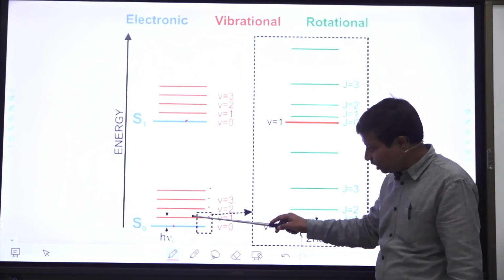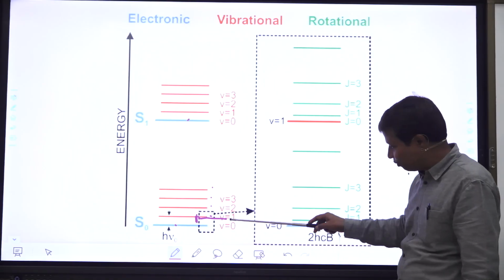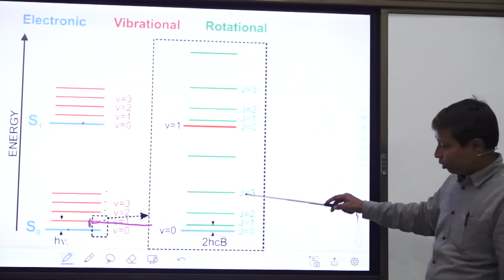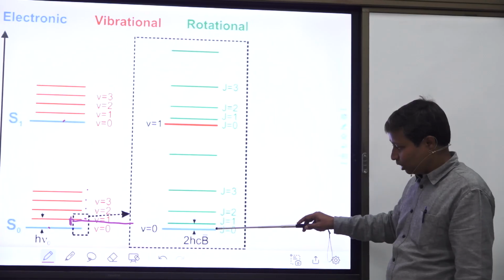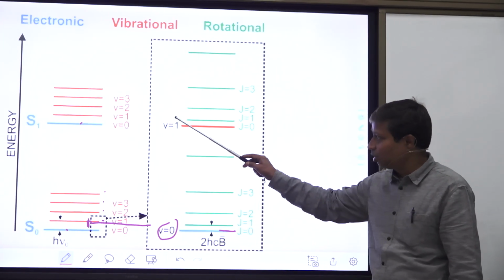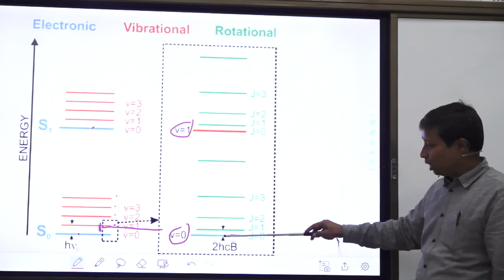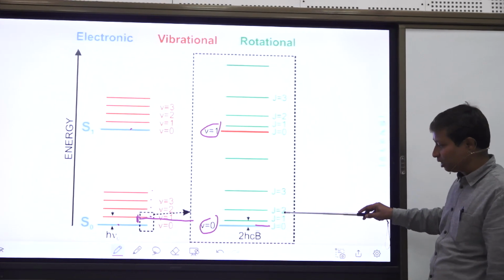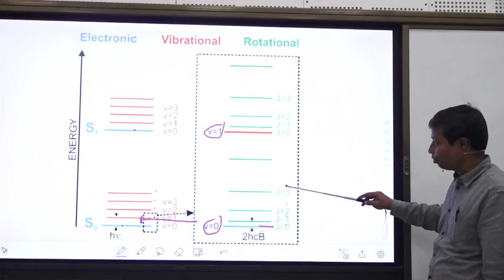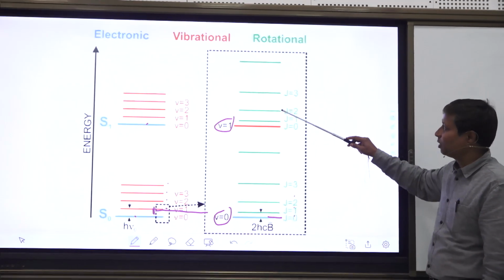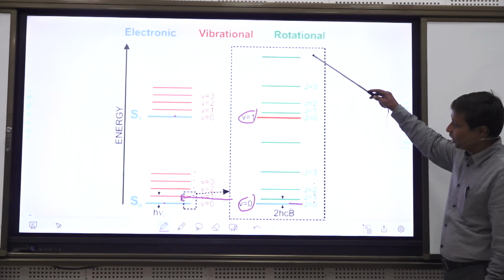In between these vibrational energy levels, if you zoom in, you will see several rotational energy levels. This is the vibrational energy level 0 and this is 1. With 0 you have several associated rotational energy levels 0, 1, 2, 3, and for the excited vibrational state you have several rotational energy levels.